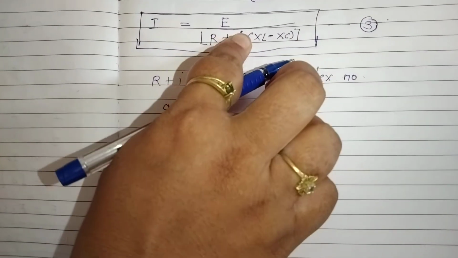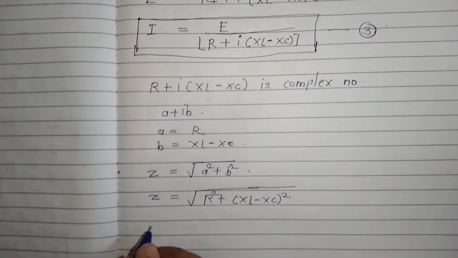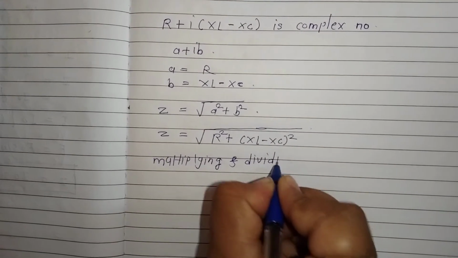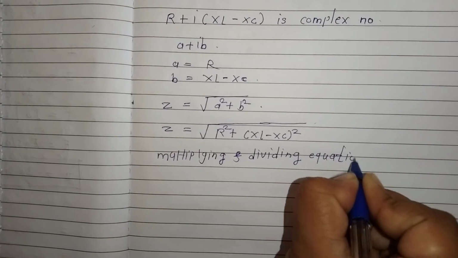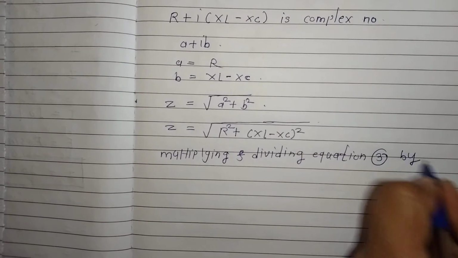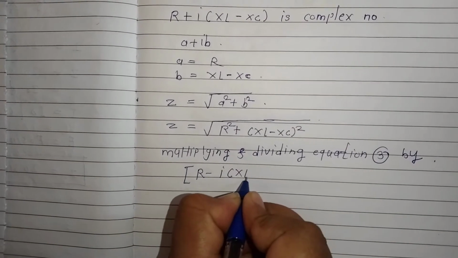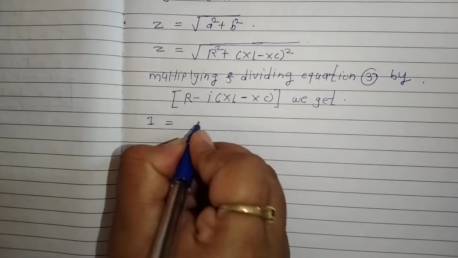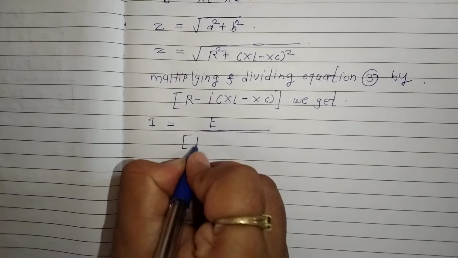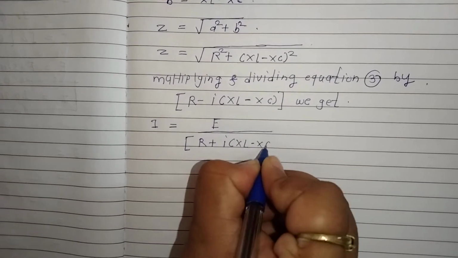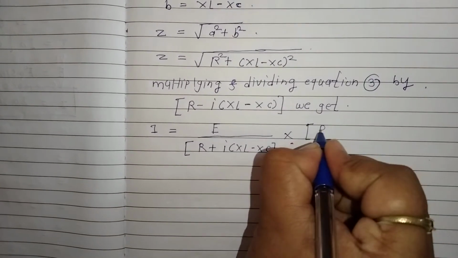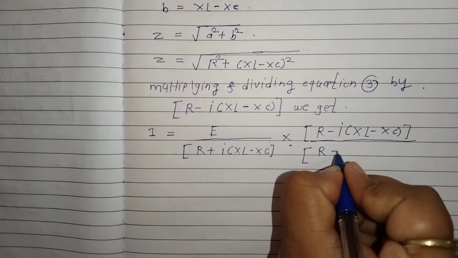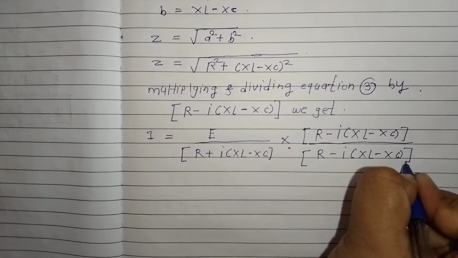So multiplying and dividing by R minus i(XL minus XC), we get the I value: I is equal to E divided by R plus i(XL minus XC), multiplied and divided by R minus i(XL minus XC), which is from (A plus B)(A minus B).